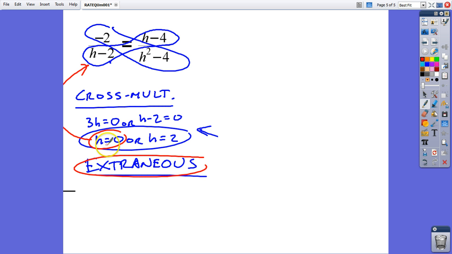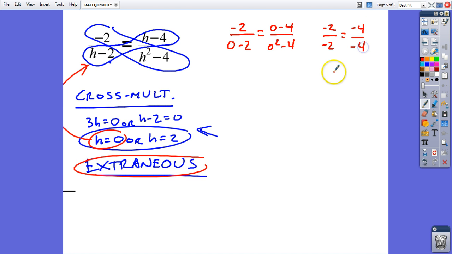Okay, so now if I plug in H equals 0, I'll get negative 2 over 0 minus 2 equals 0 minus 4 over 0 squared minus 4, which if I simplify it, this becomes negative 2 over negative 2 and negative 4 over negative 4, which is 1 over 1, or 1 equals 1.